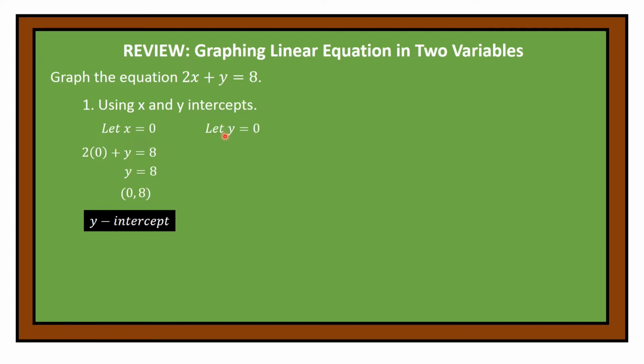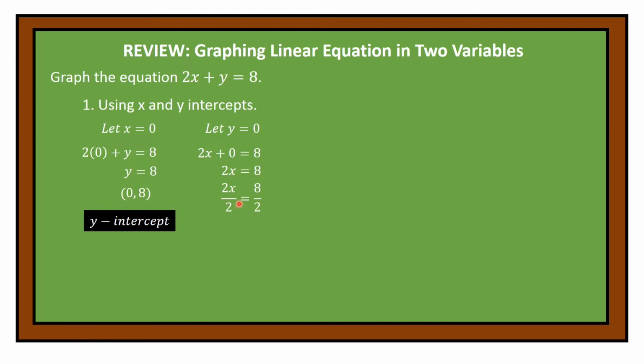Next, i-let naman natin ang y be equal to 0. So, ang y naman ngayon, ang papalitan natin ng 0. So, we have here 2x plus 0 equals 8. So, 2x plus 0, alam naman natin that is equal to 2x equals 8. Since meron pang 2 sa tabi ng x, we have to divide the whole equation by 2.